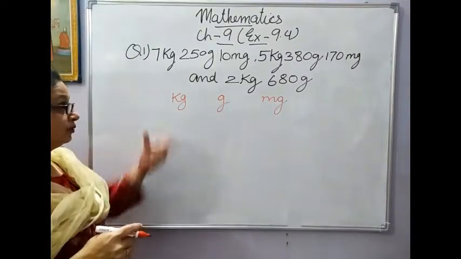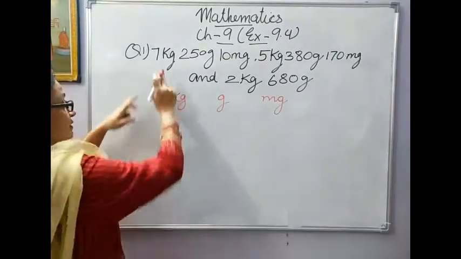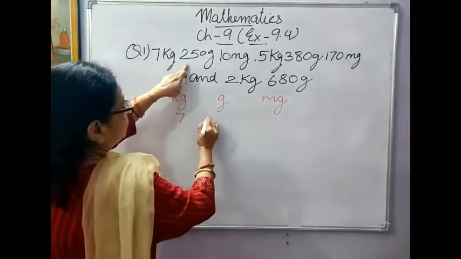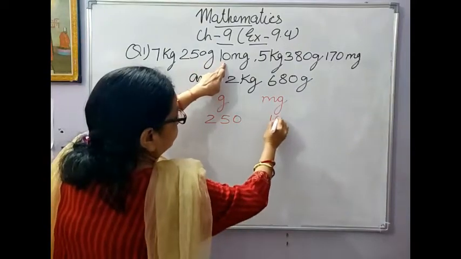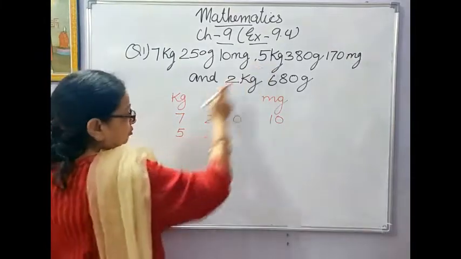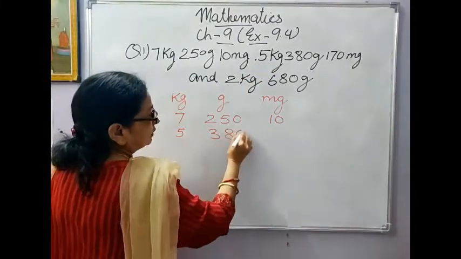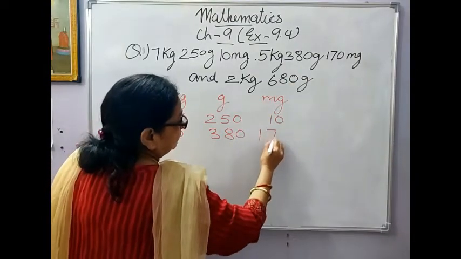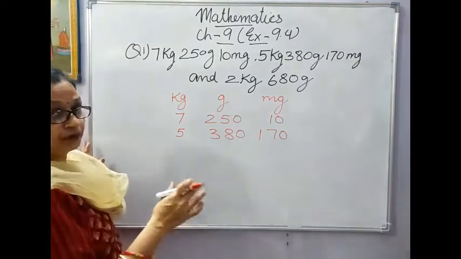Now you will copy down one sum at a time. It is 7, 250, 10. Now move to the second one. Since it is kilogram, we will put under kilogram, 380, 170. Put a little gap in between so that it becomes easier for you to solve.